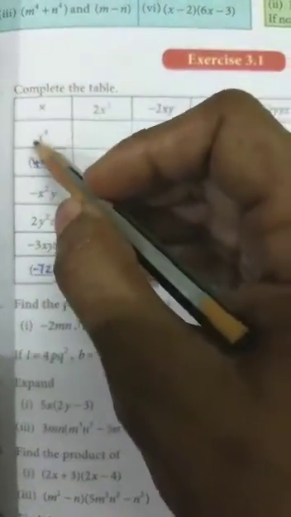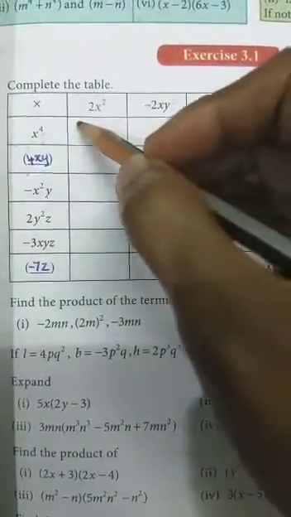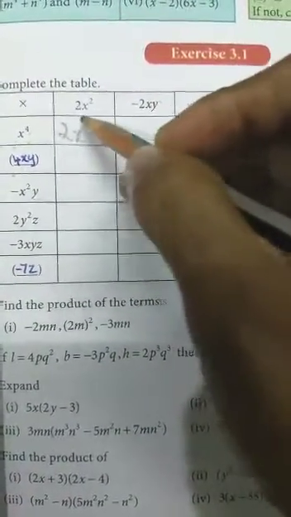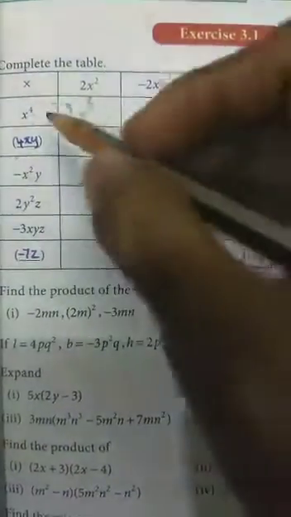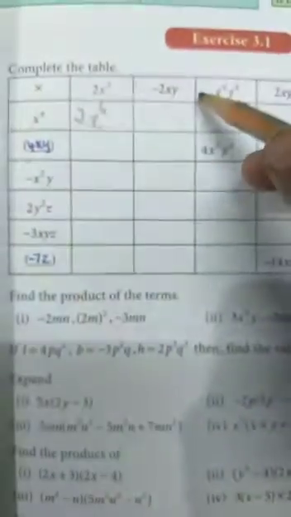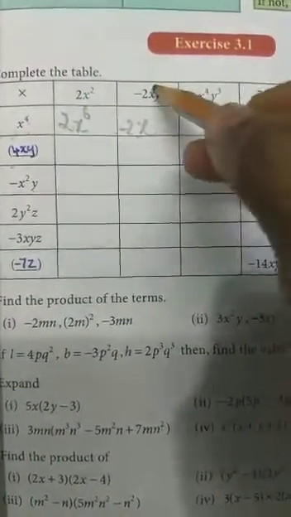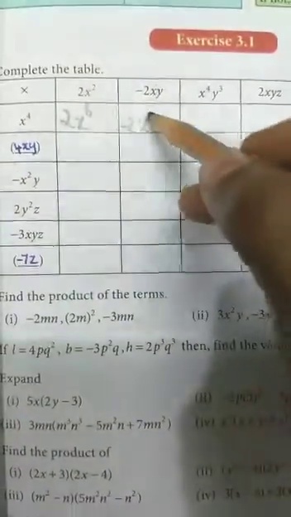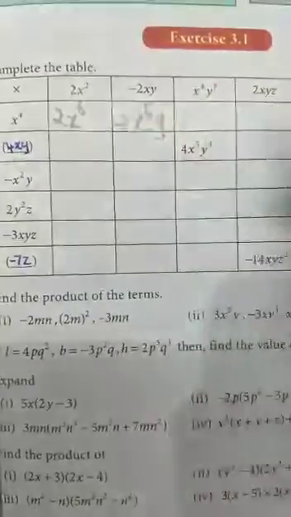Here we have to multiply x power 4 and 2 into x square. So 2 x power 4 plus 2, 6. So this is the answer. Okay, then you multiply x power 4 with minus 2xy. So minus 2, x power 4 plus 1, 5. Then y. Here no y, so you keep y itself.